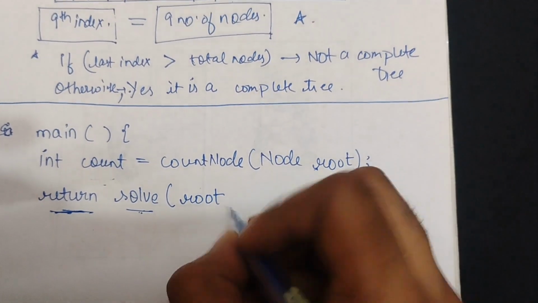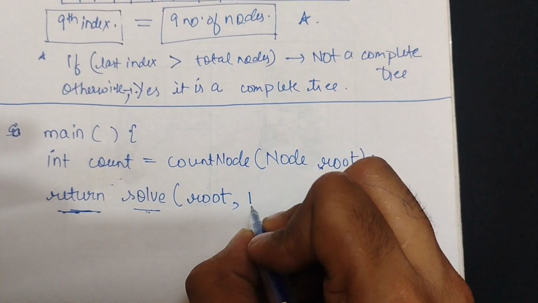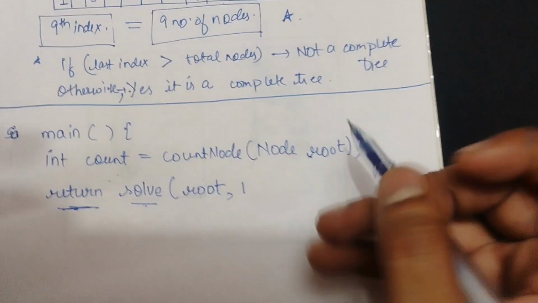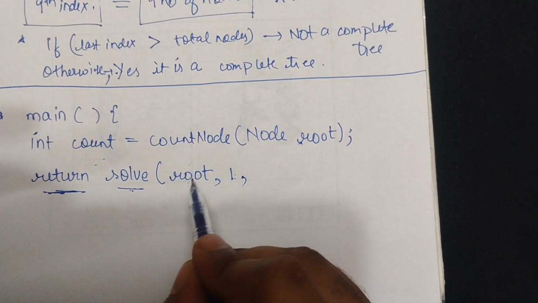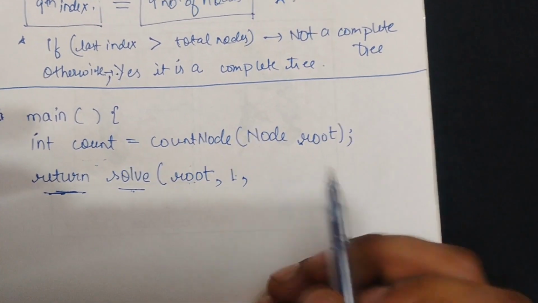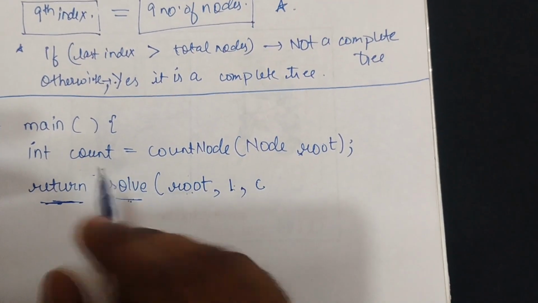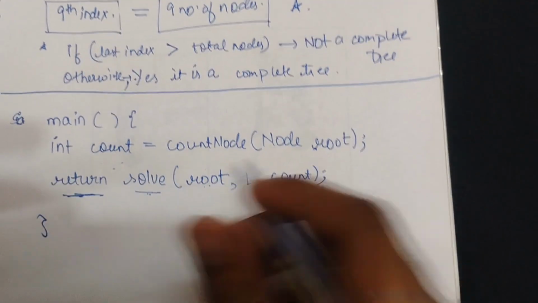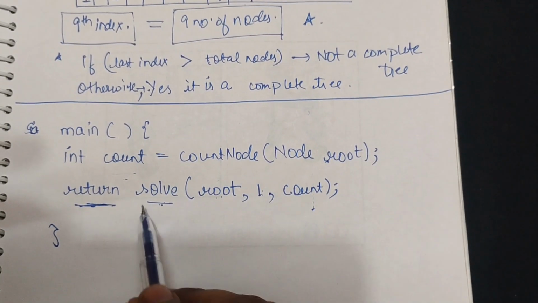In this function I'll pass these parameters: root, then the index. I told you that we will be using one based indexing, so I have passed 1, that stores root at the first index. Then another is the total number of nodes that we have counted in the count variable. So this is what we first maintain in the main function. Now we will write the solve function.